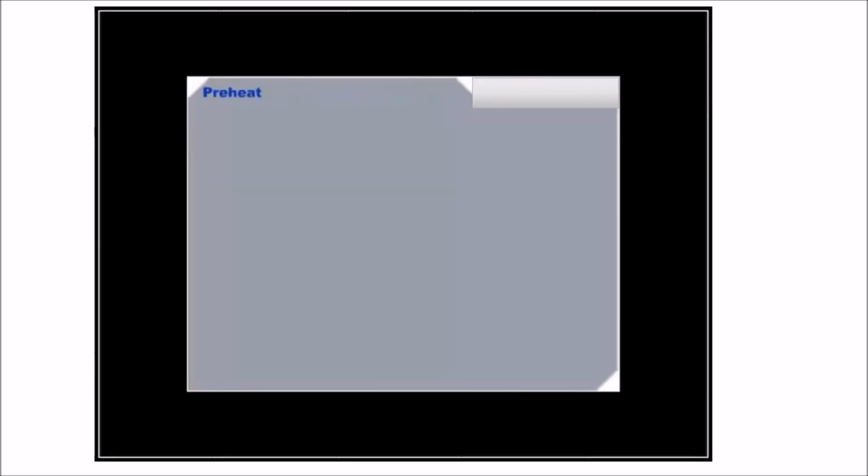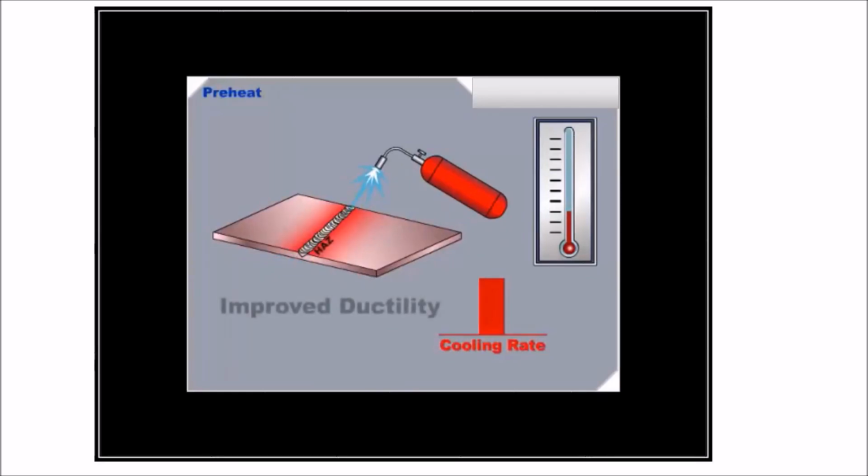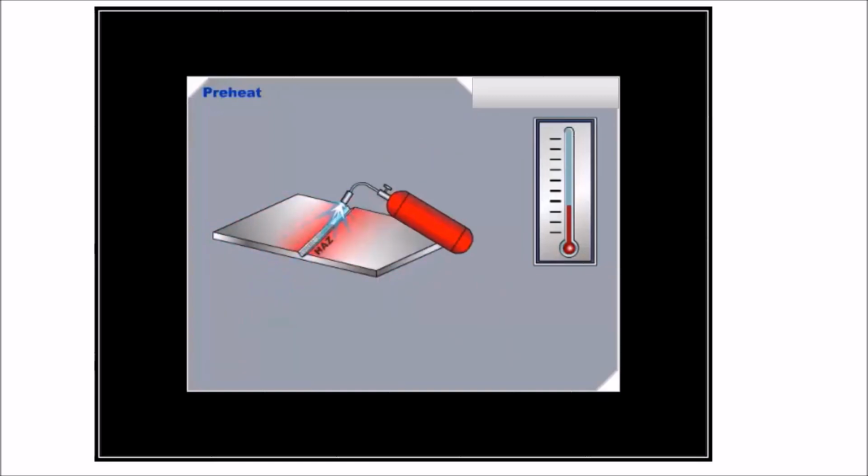Another item which has a significant effect on the resulting microstructure of the heat-affected zone is the use of preheat. In general, the use of preheat will tend to reduce the cooling rate in the weld and HAZ, resulting in improved ductility. When no preheat is used, the heat-affected zone is relatively narrow and exhibits its highest hardness.